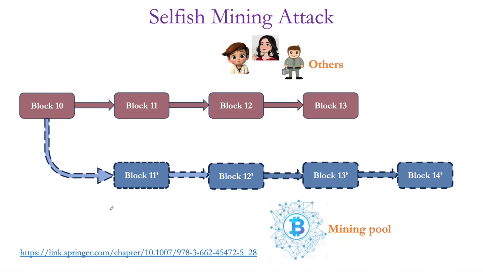So for simplicity, without loss of generality, miners are divided into two groups: a colluding minority pool that follows the selfish mining strategy, and a majority that follows the honest mining strategy. So there will be the selfish pool as well as the public pool in the network.